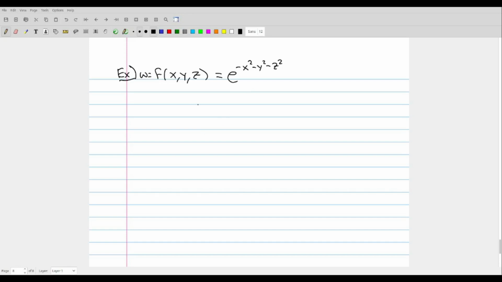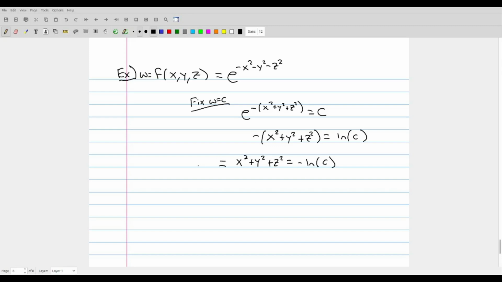We fix w equal to c, and we get that e to the negative x squared plus y squared plus z squared is equal to c. So we can take the natural log of both sides. And so we have that x squared plus y squared plus z squared is equal to negative natural log of c.